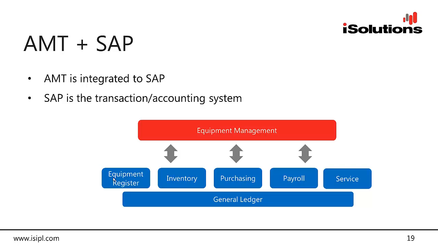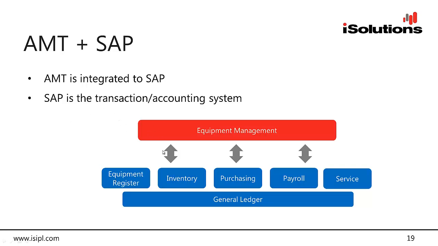So firstly, AMT will be integrated with SAP. And we see that AMT adds value to SAP. SAP is your transaction system. It is your accounting system. AMT is not doing anything to interfere with that at all.